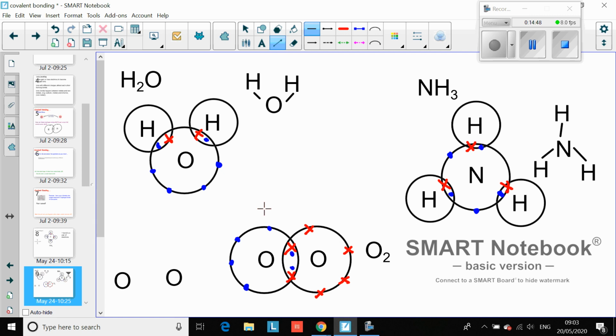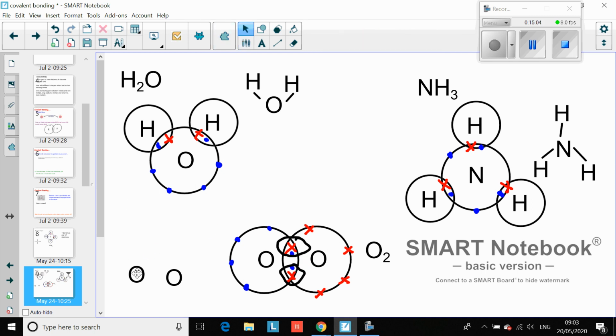Now the reason this one is tricky is because to do this, it has to form what we call a double bond. 1 pair of electrons, 2 pairs of electrons. And so ultimately, we would draw it like this, showing a double bond like that.